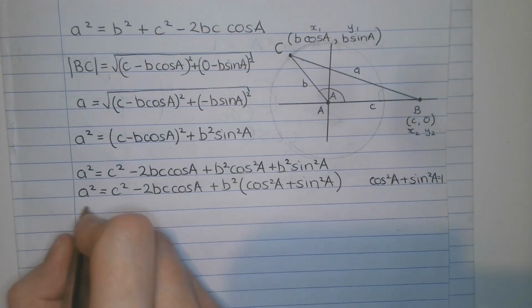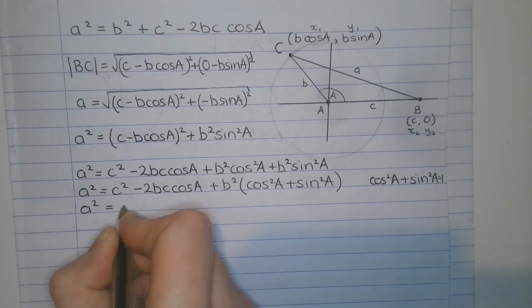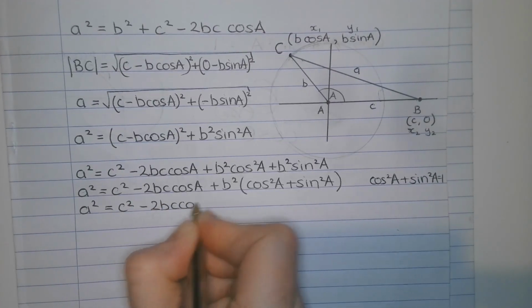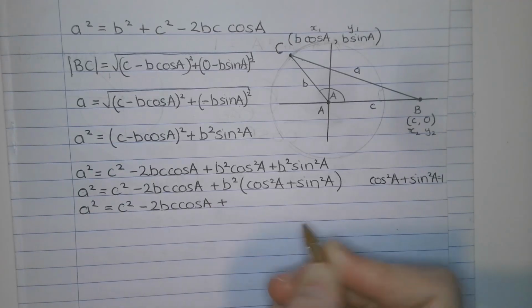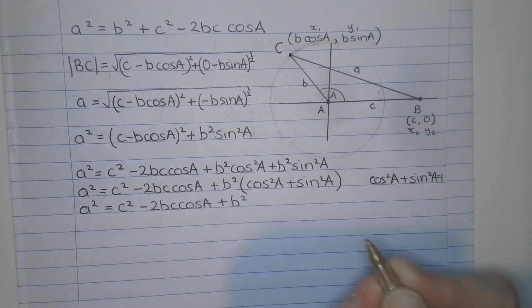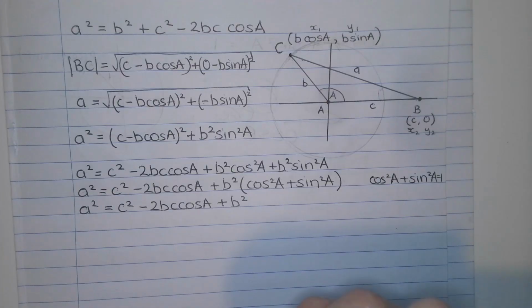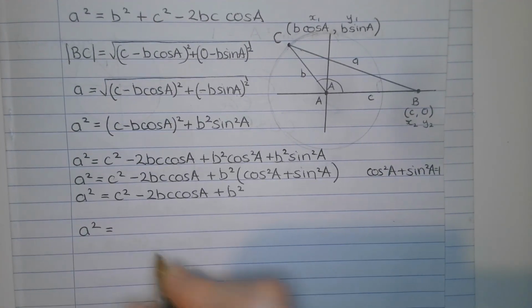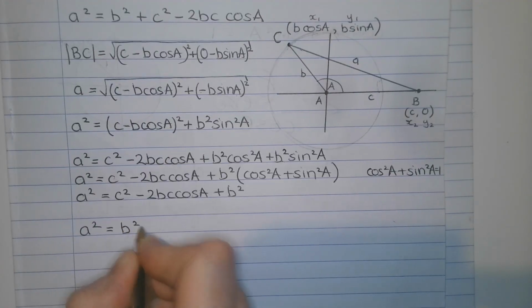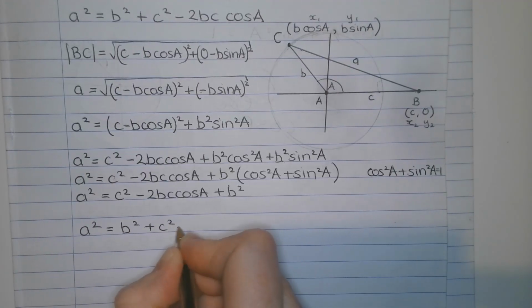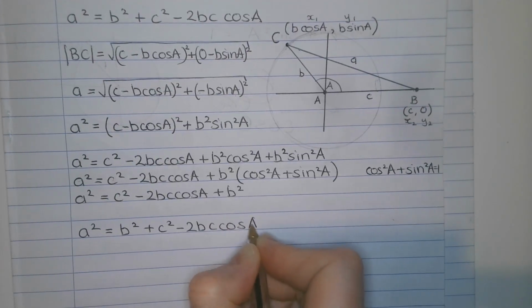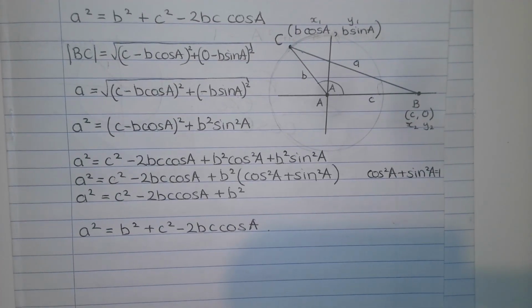So if that is the case, a squared equals c squared minus 2bc cos A plus b squared. If I just rearrange that slightly, I can say that a squared is equal to b squared plus c squared minus 2bc cos A, therefore proving the cosine rule.